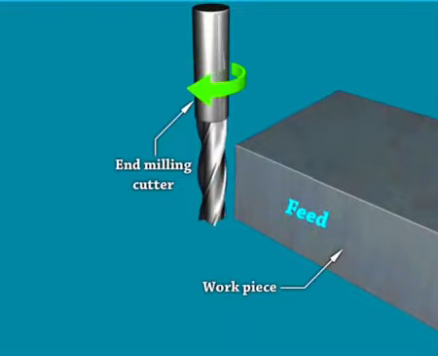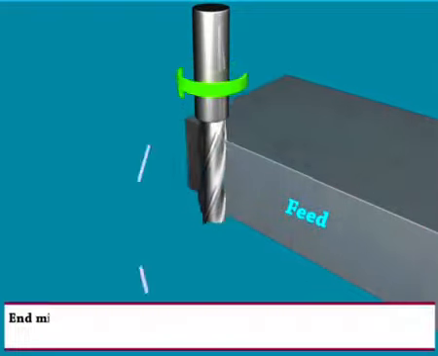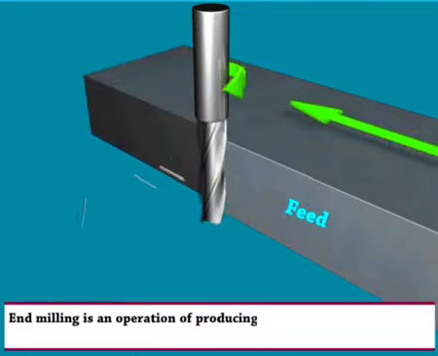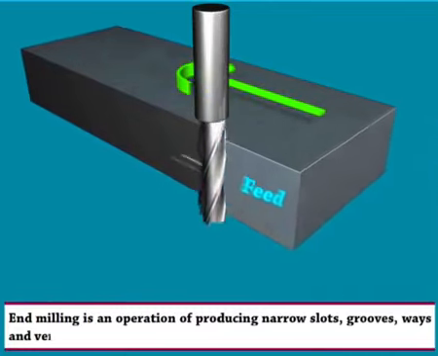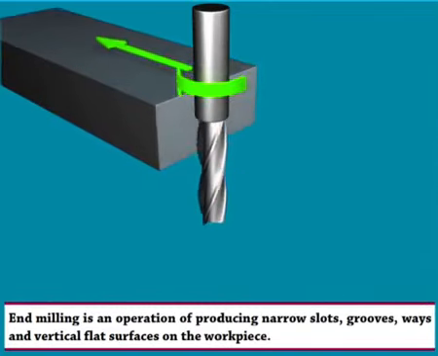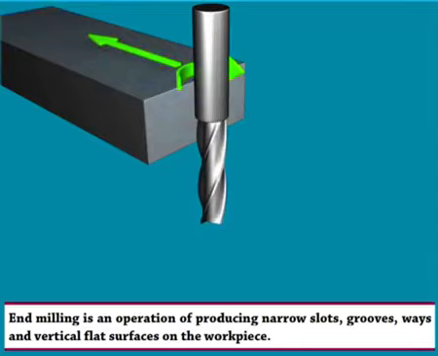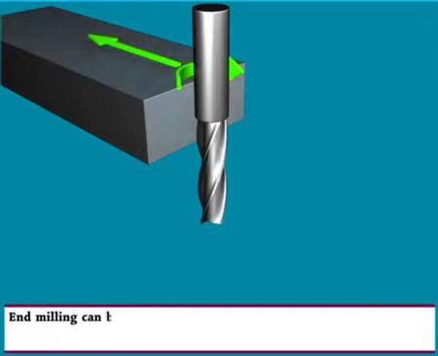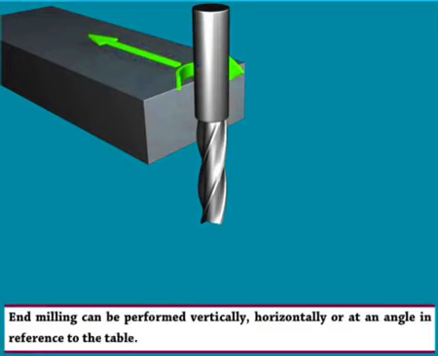Workpiece. End milling is an operation of producing narrow slots, grooves, ways, and vertical flat surfaces on the workpiece. End milling can be performed vertically, horizontally, or at an angle in reference to the table.